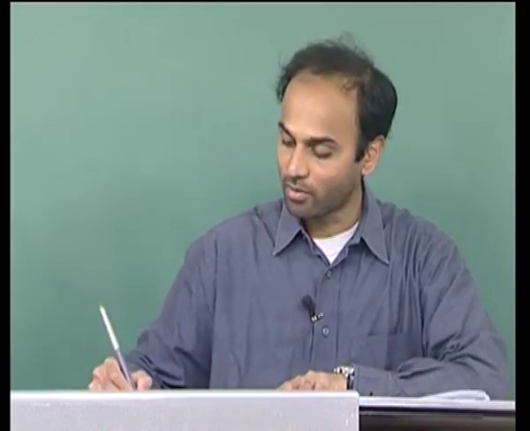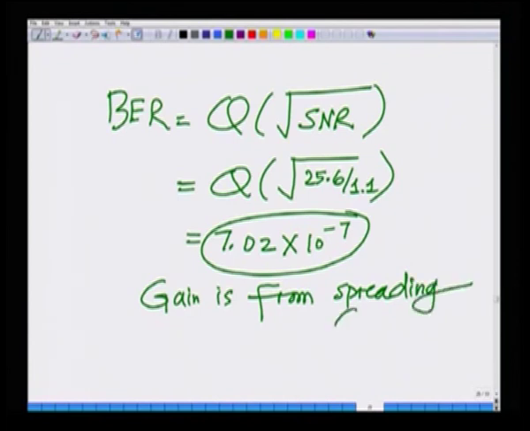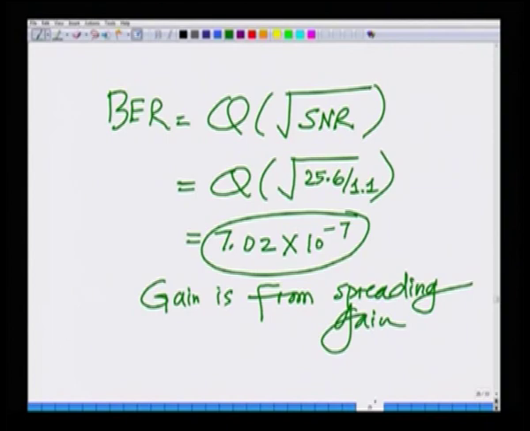That is coming from the CDMA spreading sequence, from the spreading gain. If you look at this expression, I have this spreading gain that is causing this enormous 24 dB gain, which helps me achieve a bit error rate of 10 power minus 7 even with a transmitter power of minus 10 dB.